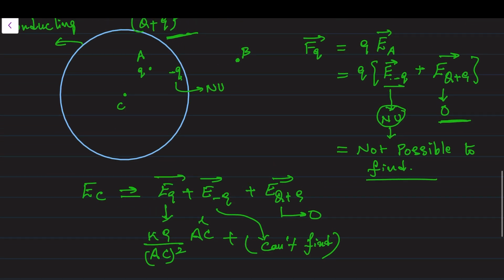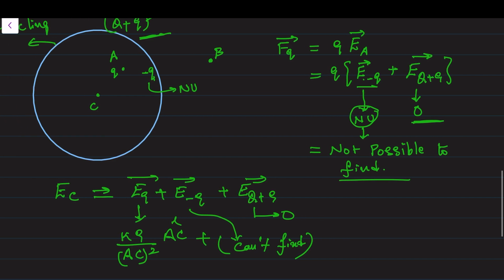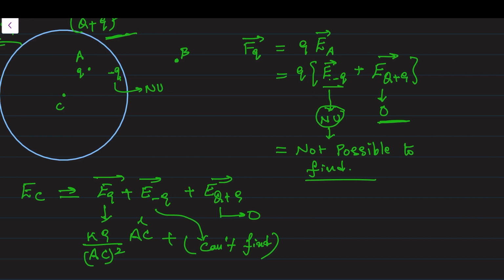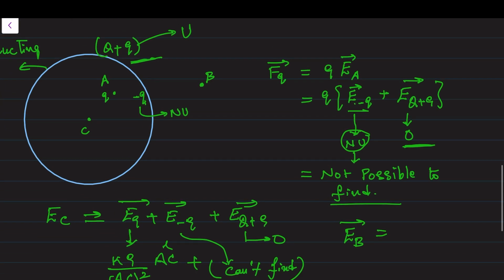Now the next part is we have to find the electric field at B. Now we know any conducting shell divides the entire space in two parts. So here, this inner region and this outer region. Electric field at this point due to the charges minus q and plus q, which are inside, is 0.